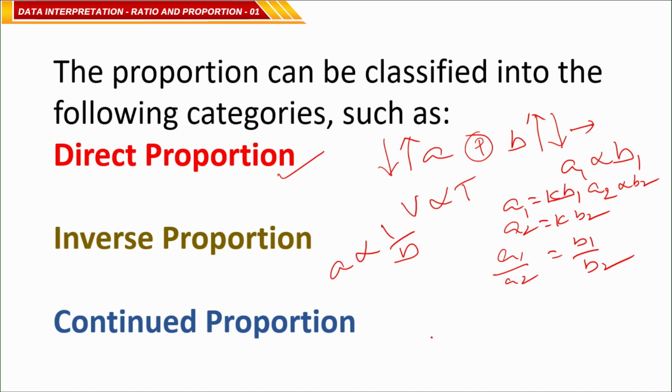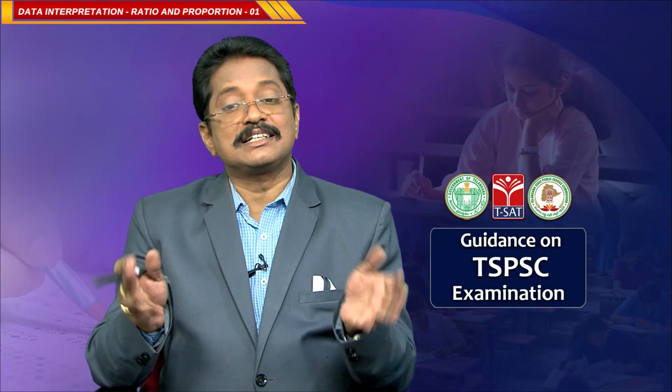When you take the resistance of a body with respect to electricity, R is proportional to L. The resistance of the conductor is directly proportional to the length of the conductor. And R is proportional to 1 by A. As the cross-sectional area of the conductor increases, the resistance decreases.